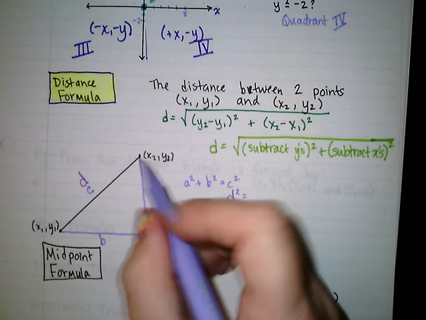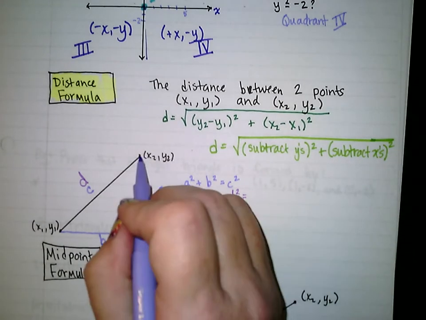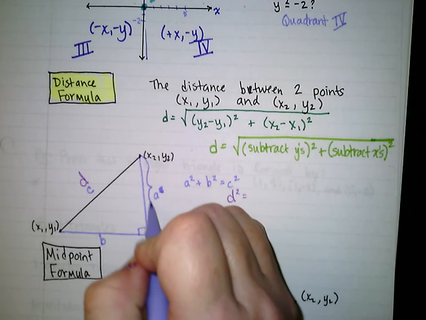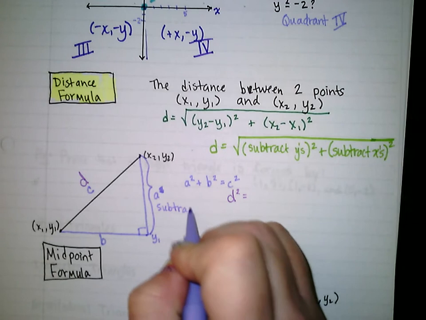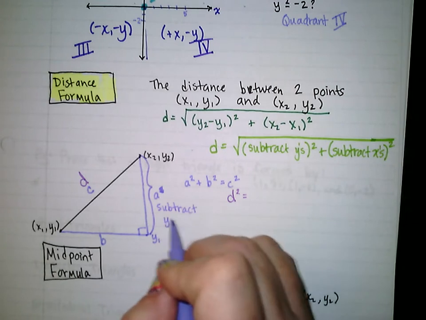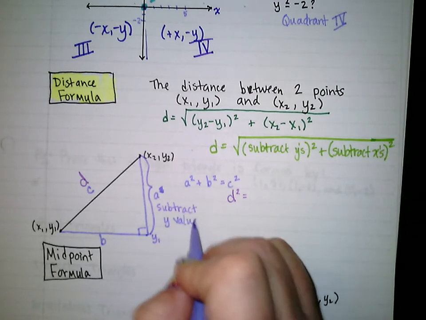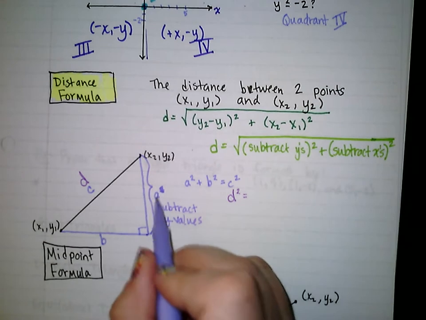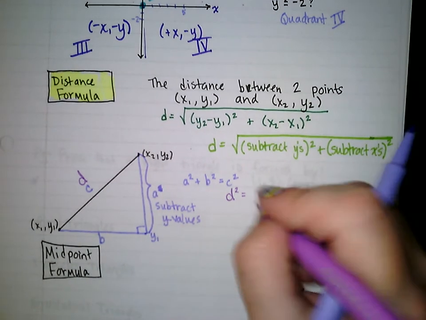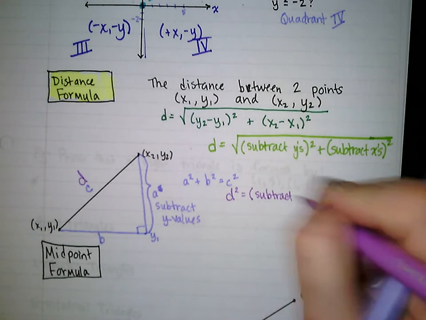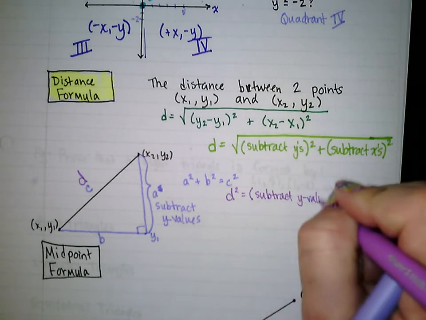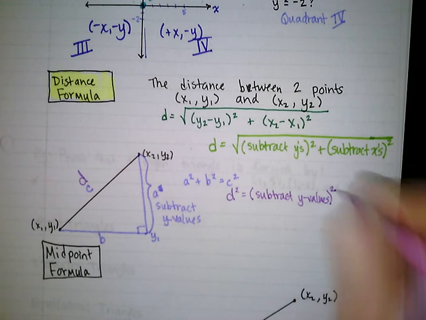So to get how long this piece is, what we're going to need to do is subtract the y values, y2 minus y1. So the length of a is found by subtracting the y values. And then because of the Pythagorean theorem, I have to square that.